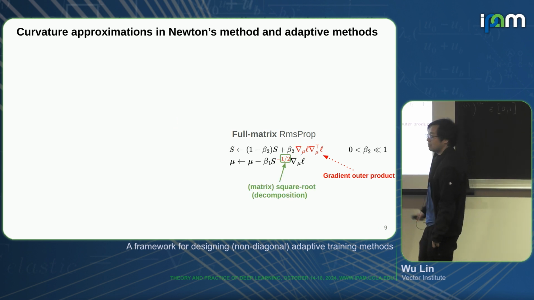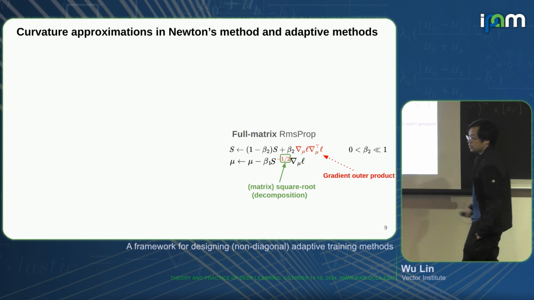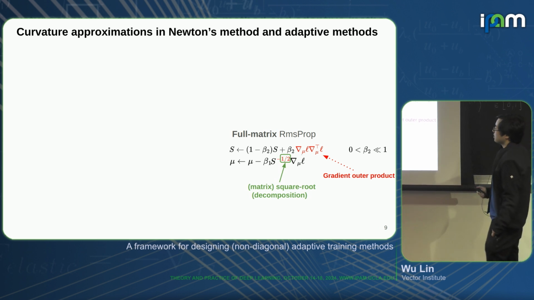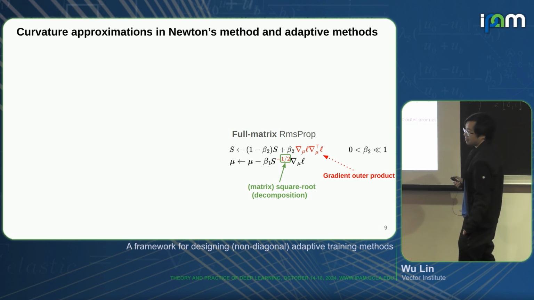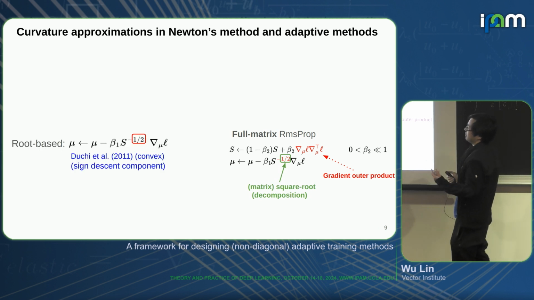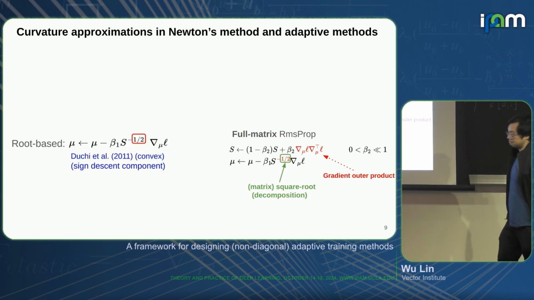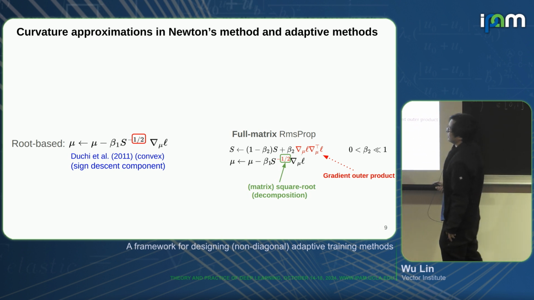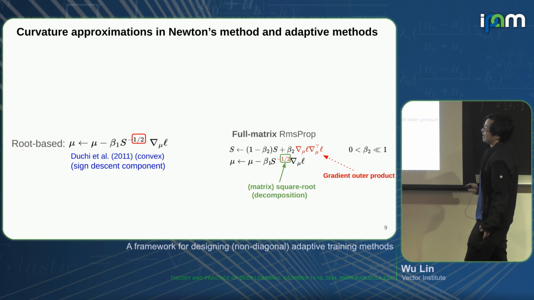In the matrix case, we have to use matrix decomposition to compute the matrix square root. This update scheme is known as RMSProp, and we call it a root-based update scheme. When we introduce a square root, we're essentially introducing a sign descent component.